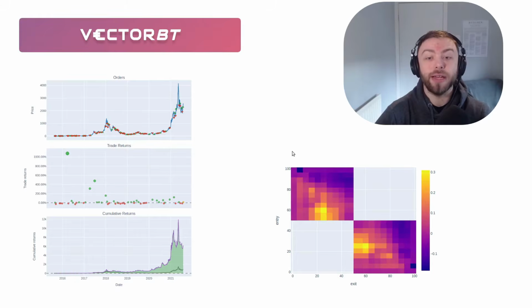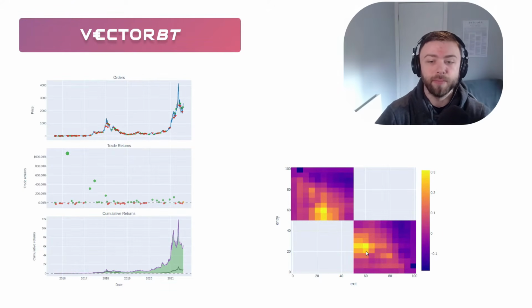And then finally, we'll be going on to our hyperparameter optimization heat map here. So this is the strategy I was talking about earlier. So this is the exit point. So at what point are we going to get out? So when the RSI gets to 80 or when the RSI gets to 60. Similarly, this over here is going to be our entry.